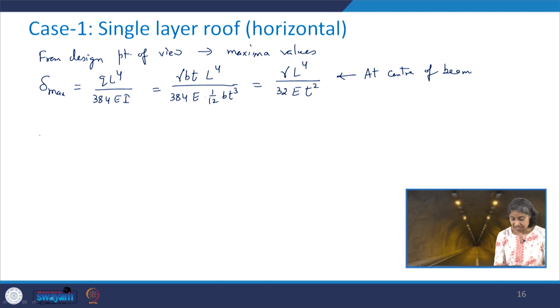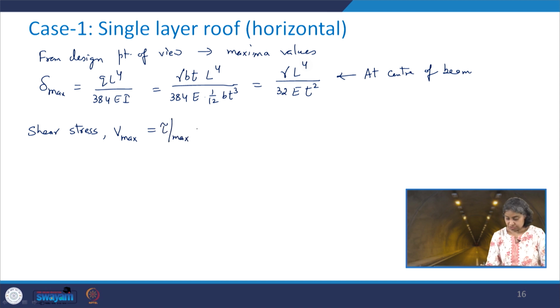Likewise, we can have the shear stress, which I will write as tau max. If you go through the theory of elasticity, it is basically 3V by 2A. So, 3 and then the shear you have seen, that was Q into L by 2.